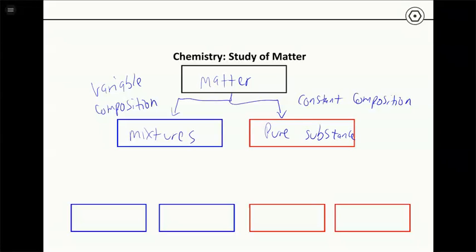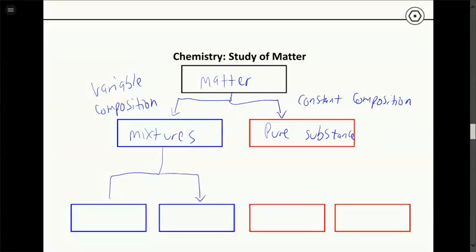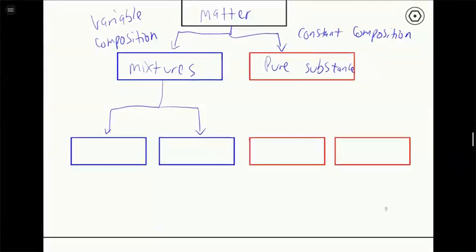Now, within each category of matter, mixtures and pure substances, there are some subcategories that we'll also talk about as well. So within mixtures, we have what are called homogeneous and heterogeneous mixtures.